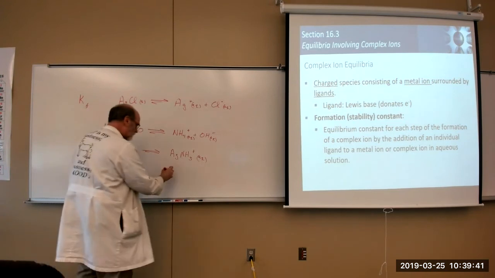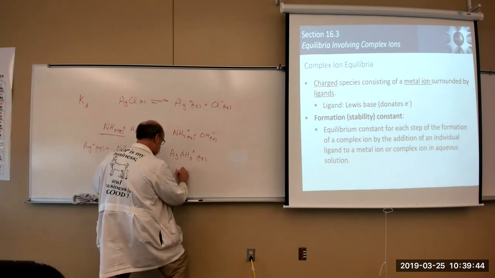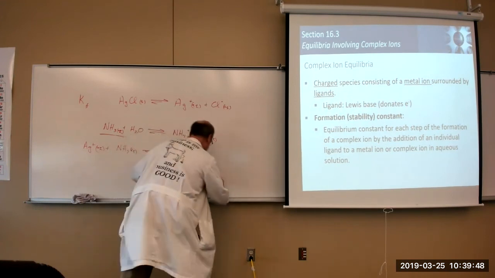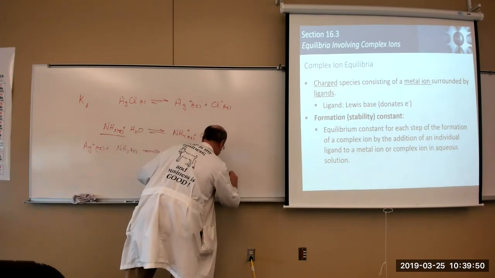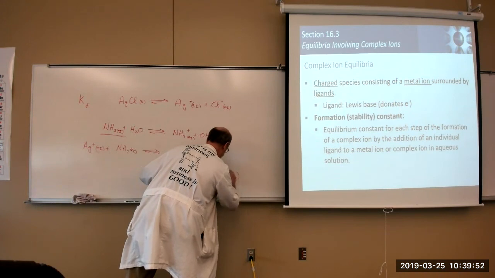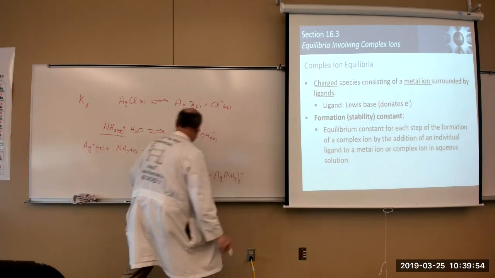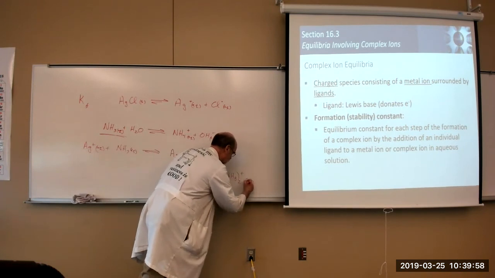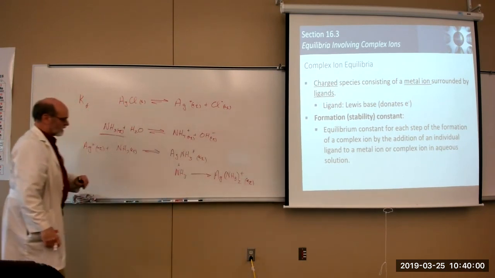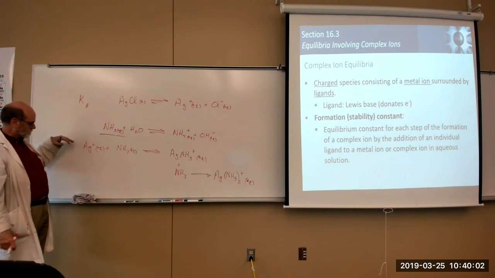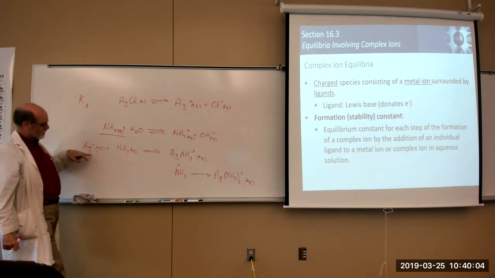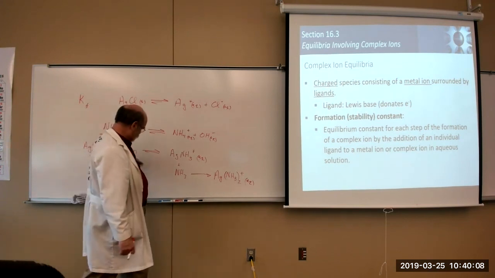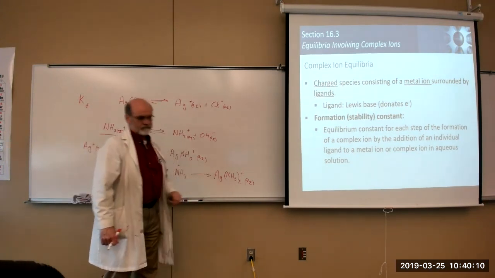It takes this one and adds another one. There. Now it stops. That's as far as it goes. So the overall reaction is to combine silver ions with two ammonias and make this.